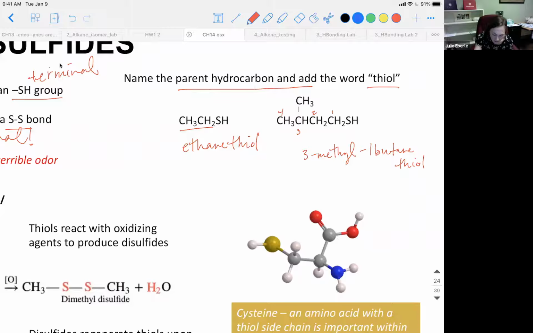And the 1 here is indicating to us where the thiol group is attached, just like with alcohols. On a straight chain alcohol or a branch chain alcohol, you always got to put the number indicating where the OH group was attached. Same thing here, you got to put the number indicating where the thiol group is attached.